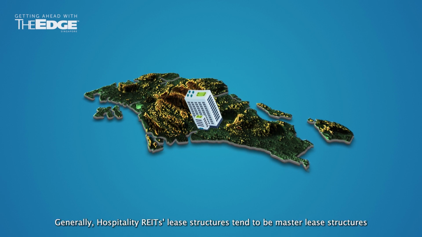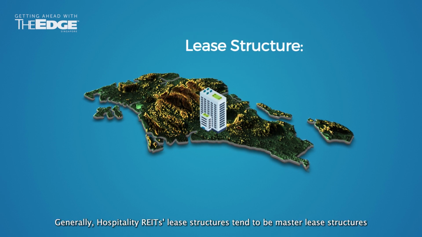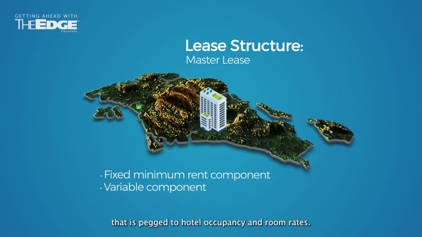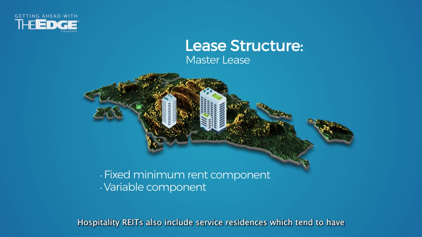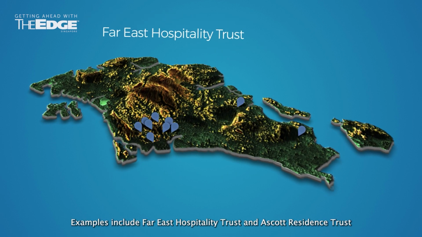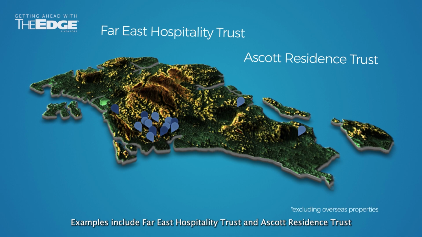Generally, hospitality REITs lease structures tend to be master lease structures that comprise a fixed minimum rent component plus a variable component that is pegged to hotel occupancy and room rates. Hospitality REITs also include serviced residences, which tend to have longer lease terms. Examples include Far East Hospitality Trust and Ascott Residence Trust.